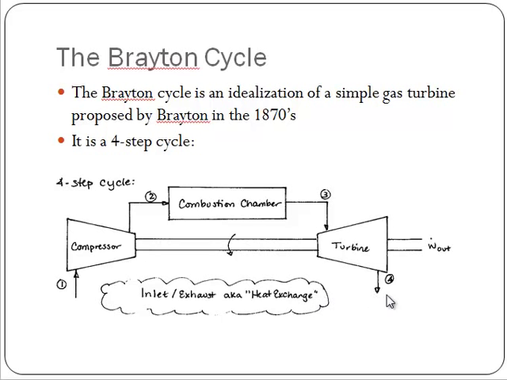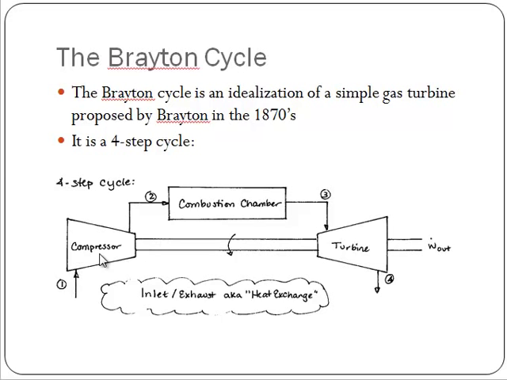So my last process is heat exchange to the outside. It's really exhaust and intake of air. And so that's why I drew this process as a cloud. It's just going to the surroundings. So I have the processes 1 to 2, 2 to 3, 3 to 4, and then 4 to 1 so that I can have it as a four-step cycle.